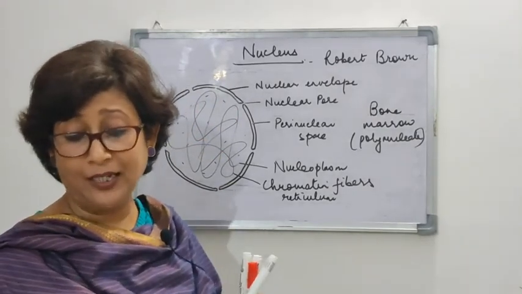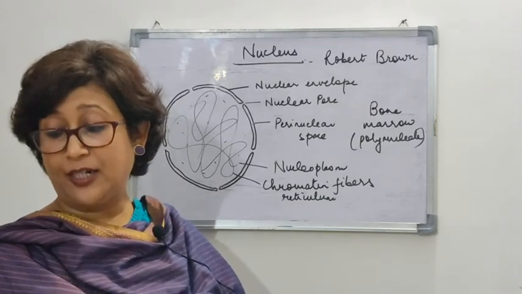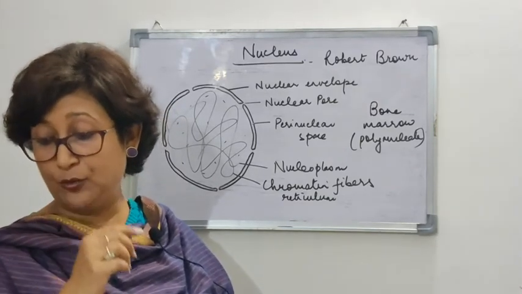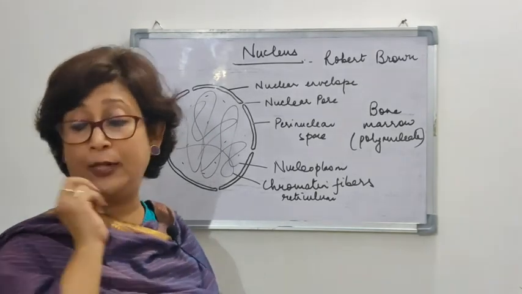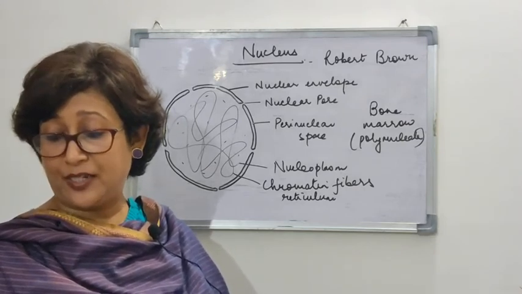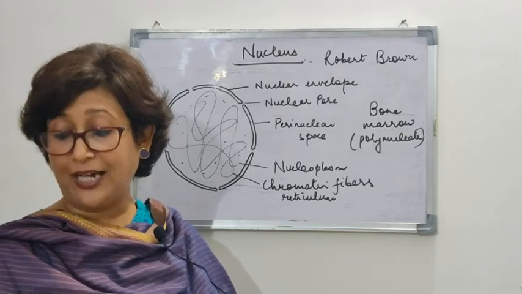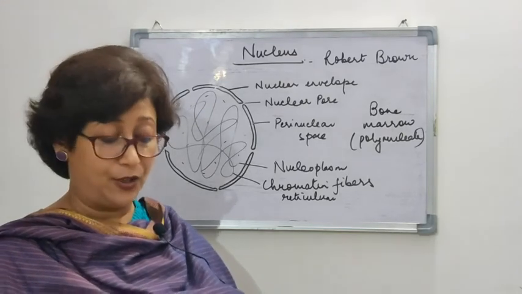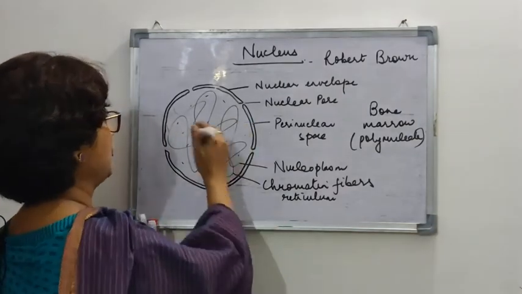Then inside this we also find the nucleolus. The nucleolus is a structure which is found inside the nucleus, right? And it is a naked, round or slightly irregular structure which is attached to the chromatin at specific regions, right? So it is just an aggregation of structure.